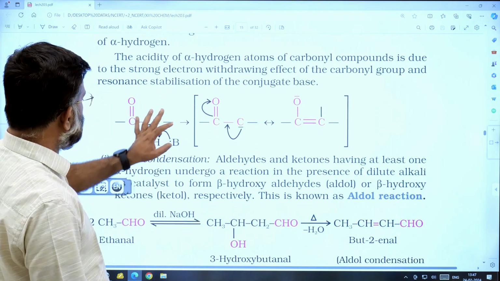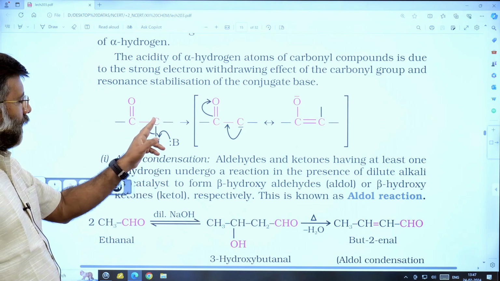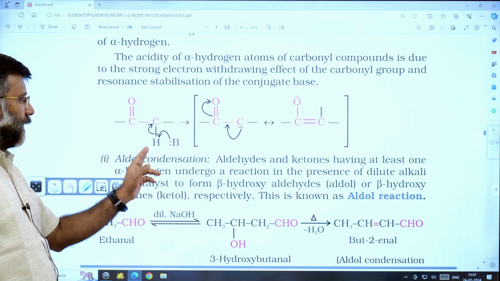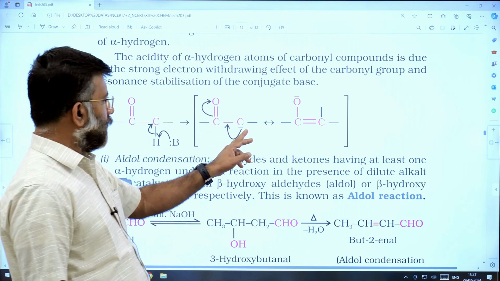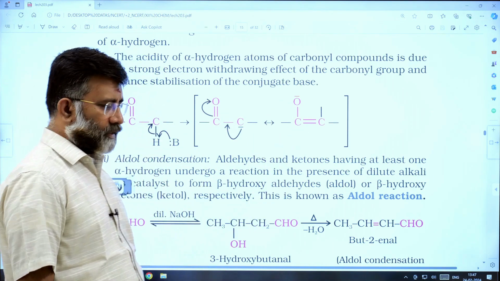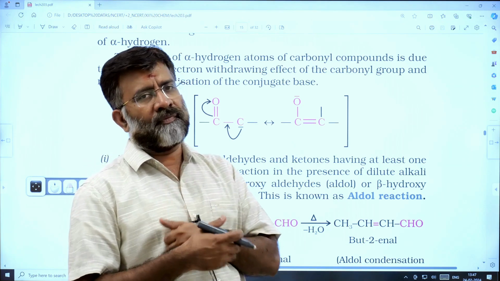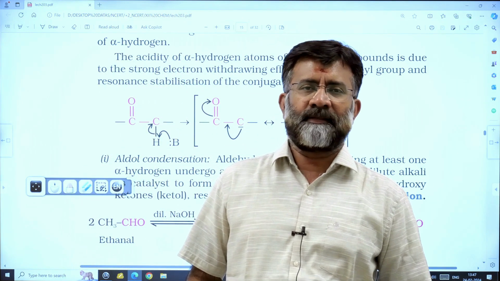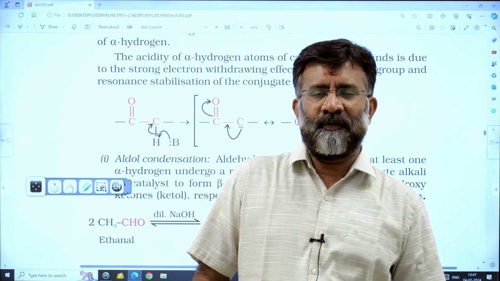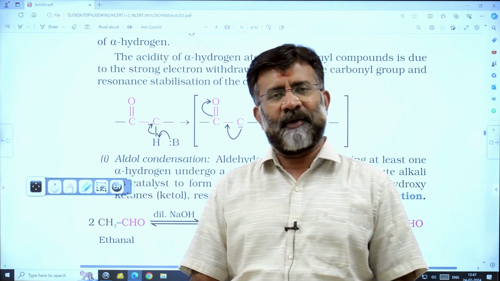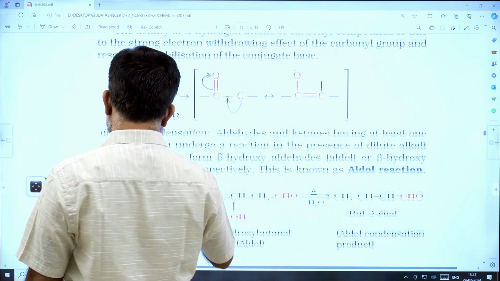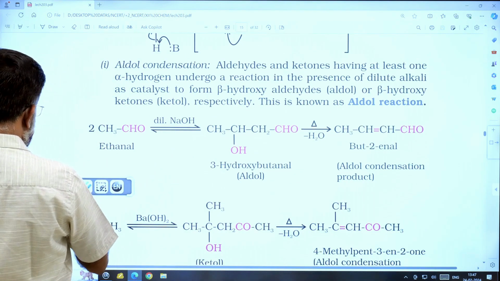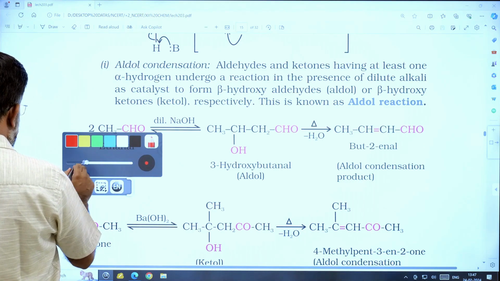So this is what is happening: functional group, alpha carbon, alpha hydrogen attacked by a base, you get a carbanion stabilized by resonance. This acidic nature of alpha hydrogen is demonstrated in the very popular reaction, aldol condensation. And that is the point of discussion next, aldol condensation.